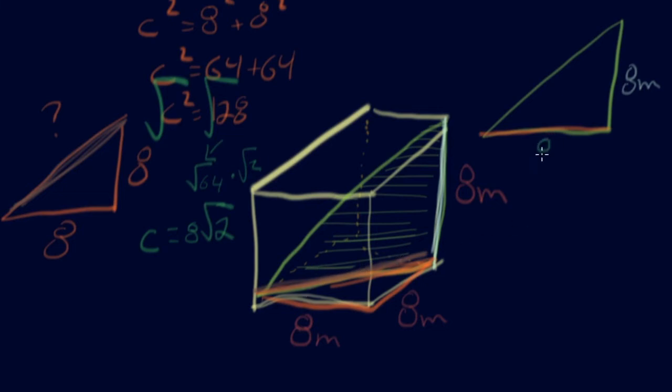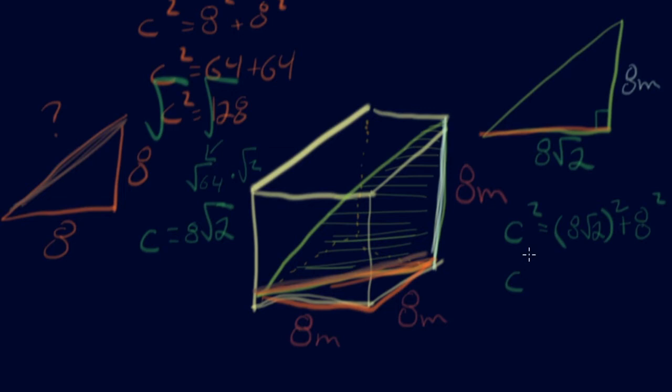This is turning into a really pretty cool question. So we've done pretty well here. We know the height, we know the length, but now we have to figure out the diagonal. That's what we asked at the very beginning. So let's figure out what that diagonal would look like. Again, c squared is equal to, and I'll use some brackets for this one just to make it really obvious, 8 root 2 squared.